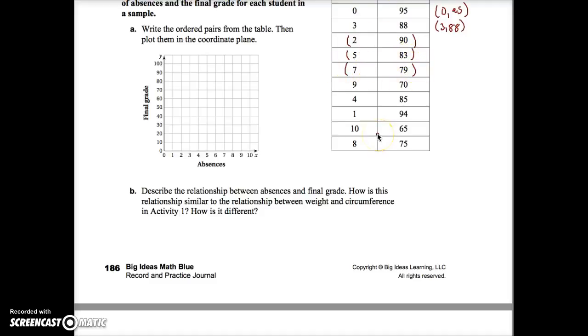Basically, all of these are an ordered pair. And we could go all the way down. Now, I'm going to skip out on that part. We're just going to go straight to plotting them.